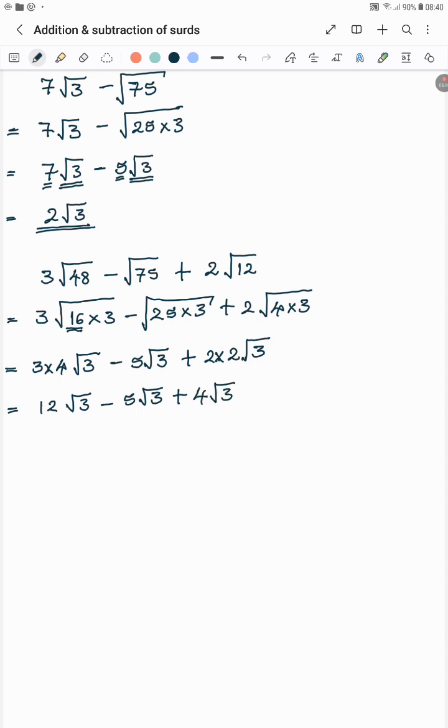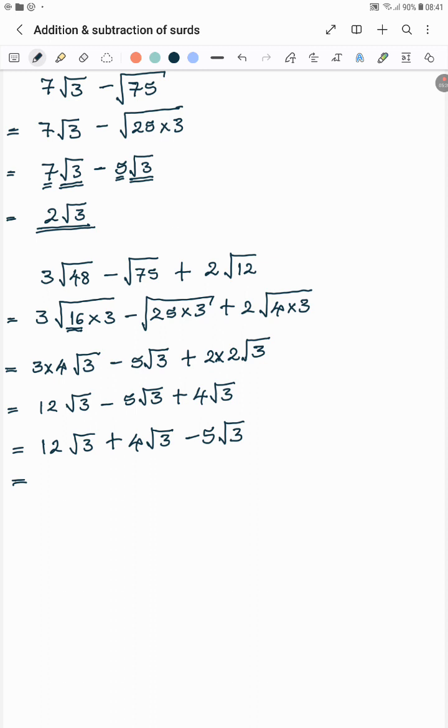We can rewrite this question, and we start by writing the one that is being added or addition, and then we write subtraction at the end.